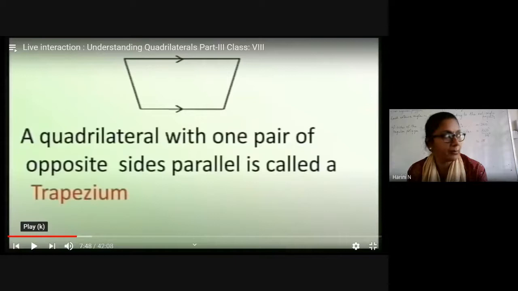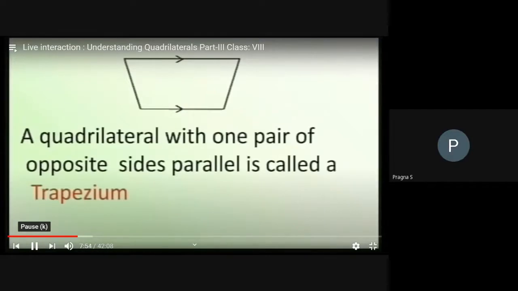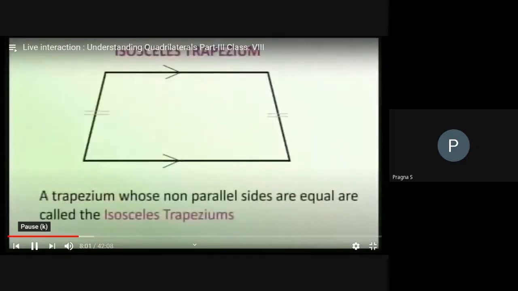In the set of quadrilaterals, the first variety we were able to classify was the trapezium. Further, in a trapezium itself, you have a special variety, and I wanted to mention this to you. Look at this trapezium here.